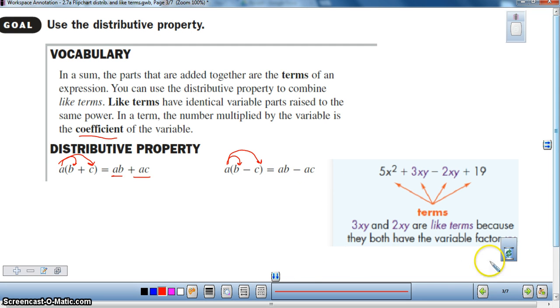When you look at this problem, all of these are terms because they're separated by addition and subtraction. And here, when we really talk about our like terms, we have a positive 3xy and a negative 2xy. They both have x and y to the first power, so they are like terms.